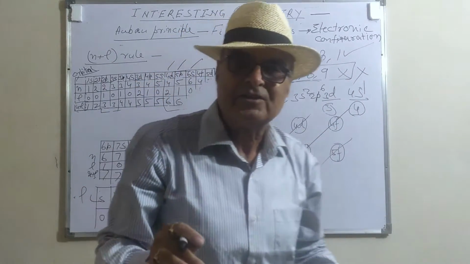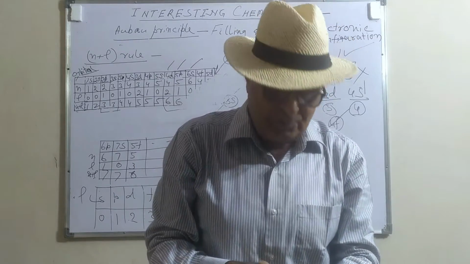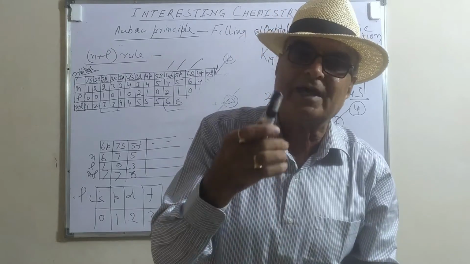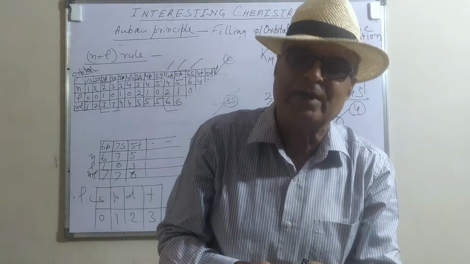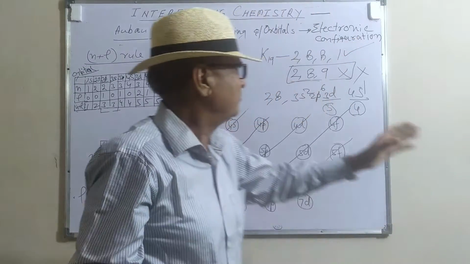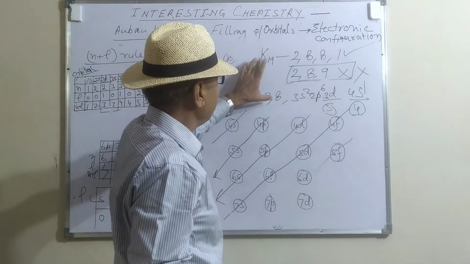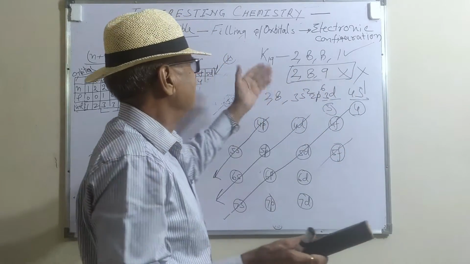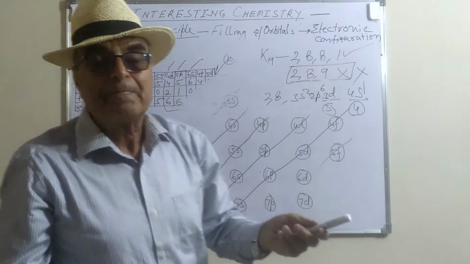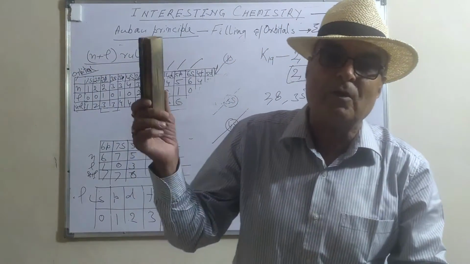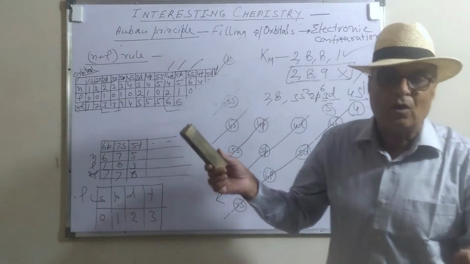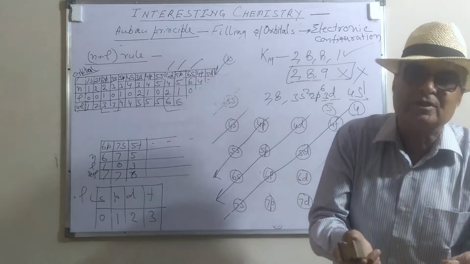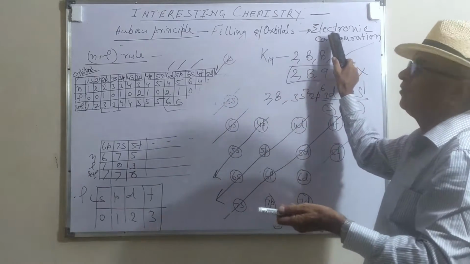I have explained it. I think the confusion that you have been carrying in your mind from the 9th class, today I have cleared it: the coming 19th electron will go to the 4s, not 3d. So the Aufbau principle, the Pauli exclusion principle, Hund's rule and the n plus l rule, these all help us to write the electronic configuration.